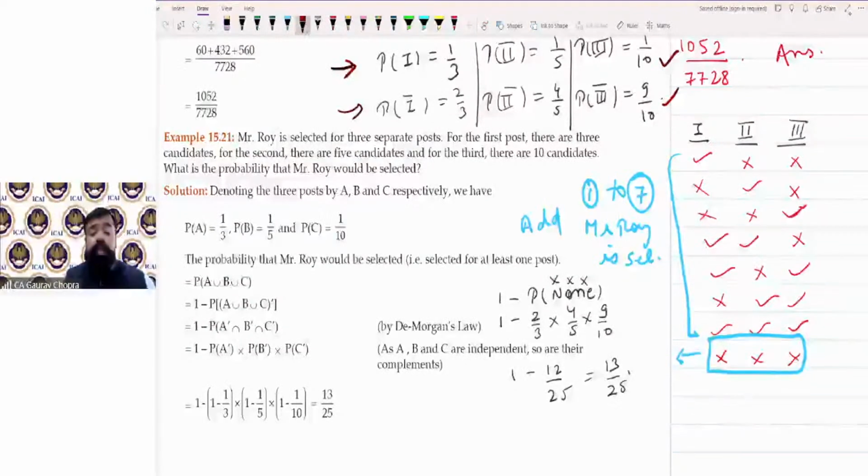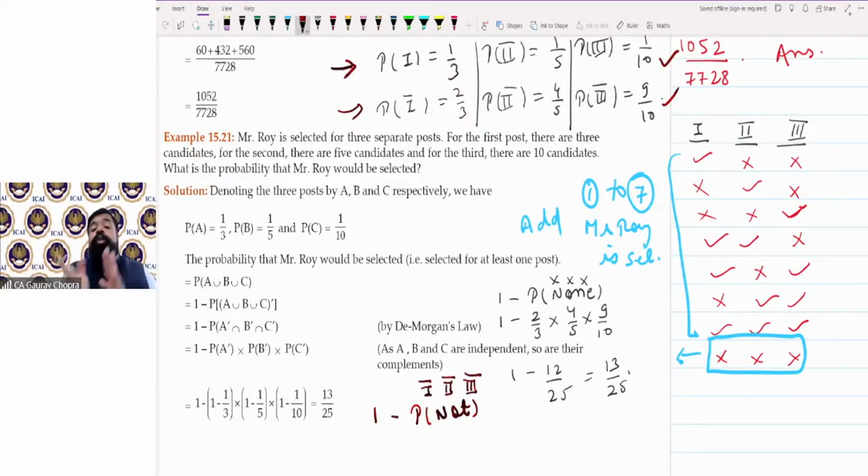Now what is the shortcut way? Here it is written Mr. Roy would be selected, so 1 minus Roy not being selected anywhere. What we have done: 1 minus Roy is not getting selected neither at first place, neither at second place, nor at third place. Roy was not selected at all three places, and you subtract that from 1. Therefore, we are doing 1 minus 2/3 into 4/5 into 9/10.